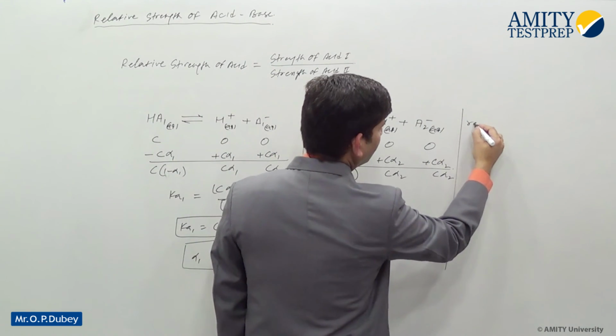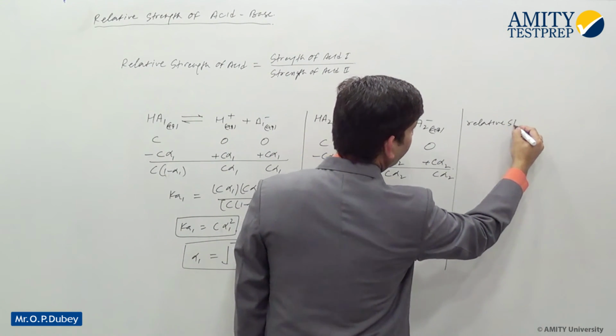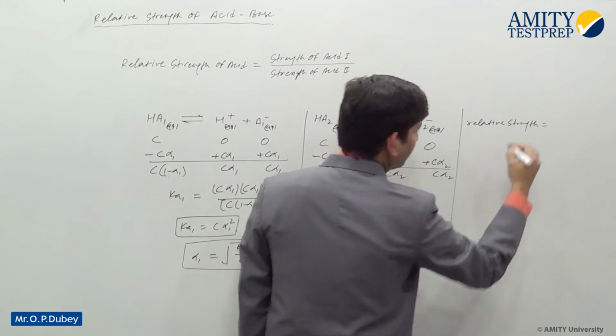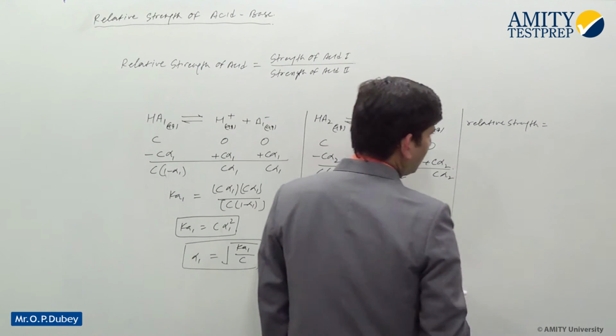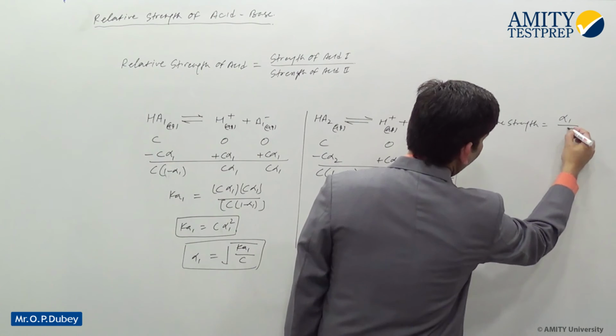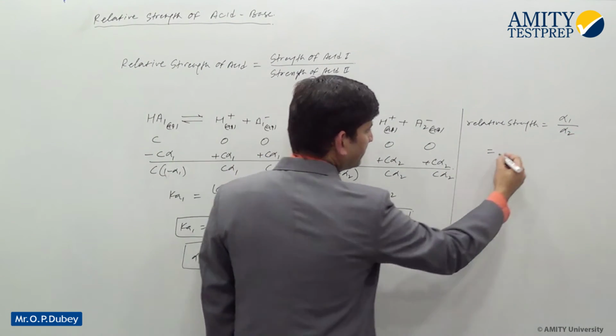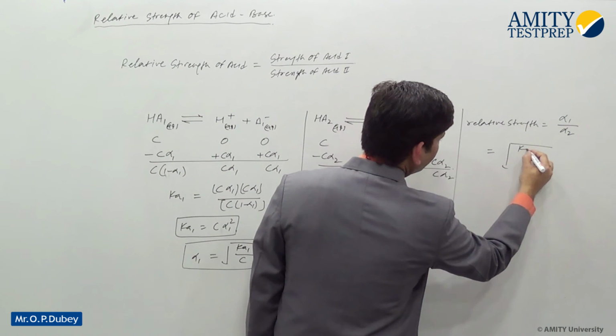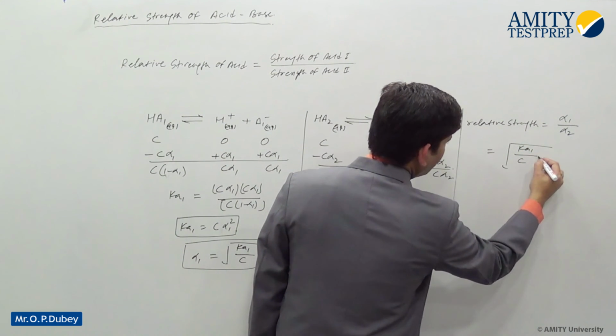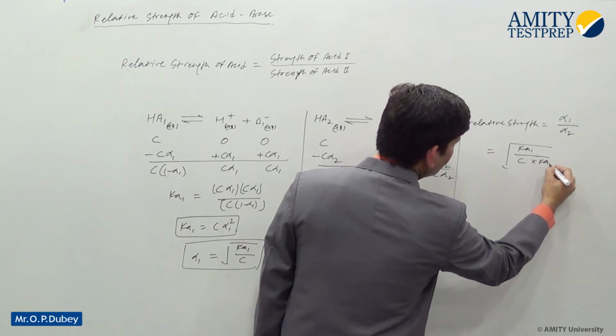Now we can write the relative strength as the ratio of the degrees of dissociation, which is equal to under root K1 upon C over under root K2 upon C.